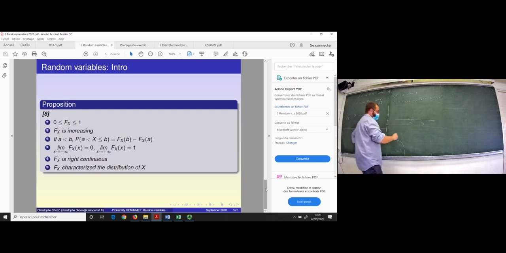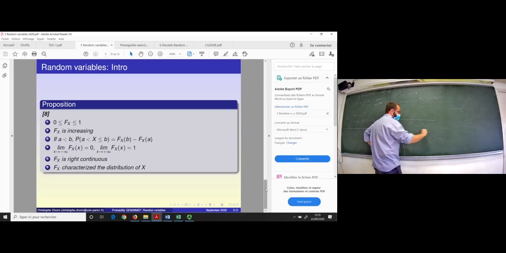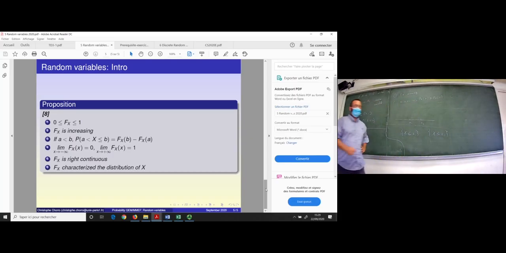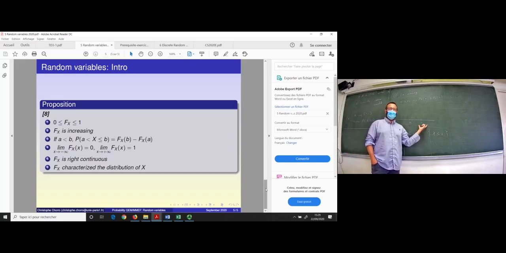So if I am in this situation, can you compare these two sets? I said that one is included in the other. I am in this situation with x2 less than x1, and my question is: is it possible to compare these two sets?